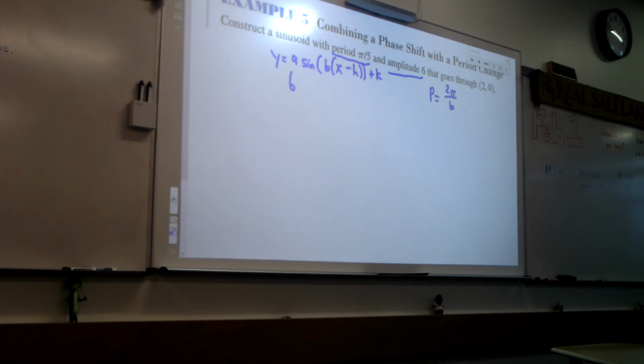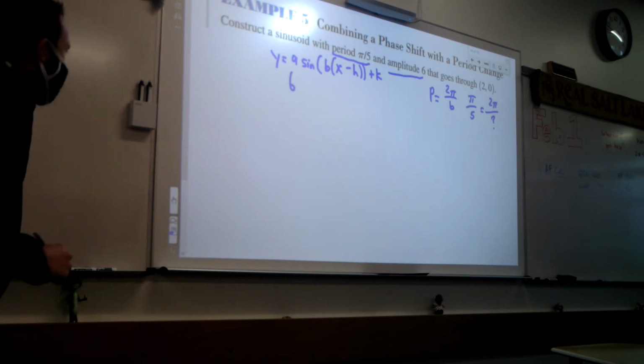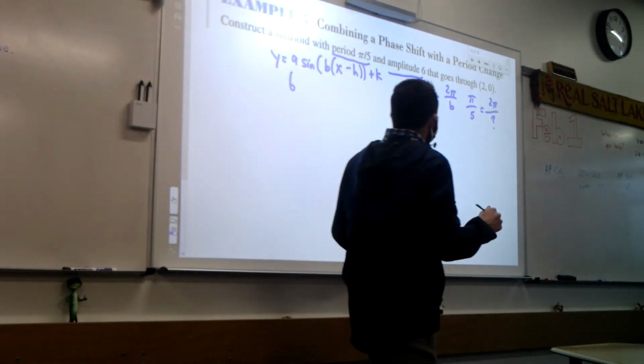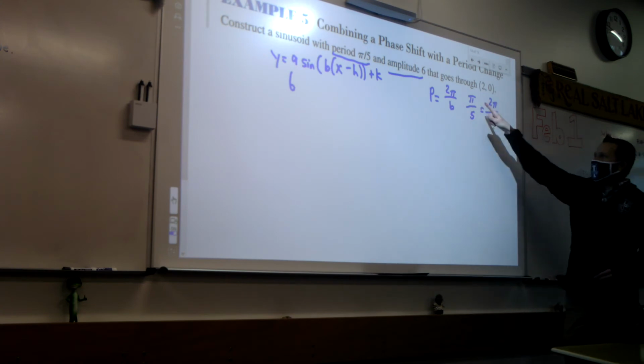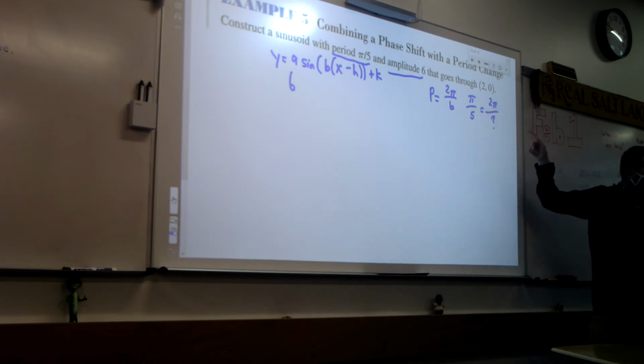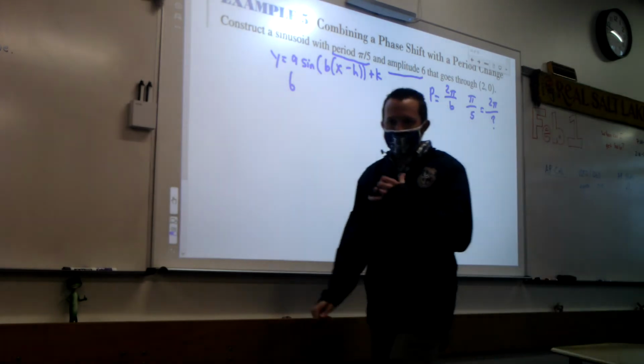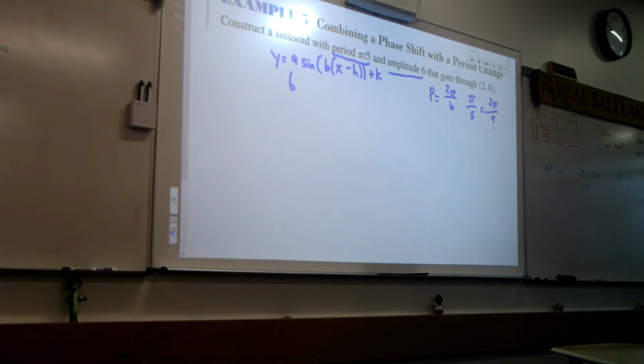Now, if I know that the period is pi fifths, what I need to do is figure out what b is going to be. Well, don't even try to solve this by multiplying it out. Just think, if I go from 1 pi to 2 pi, then I go from 5 to what? 10, you're just doubling it, okay? So that tells us b is going to be 10.